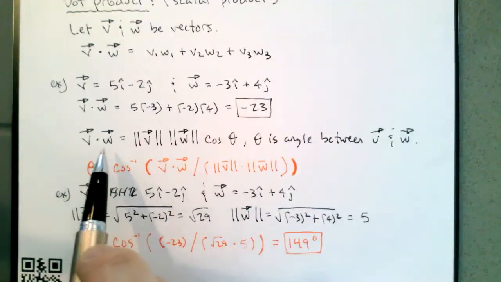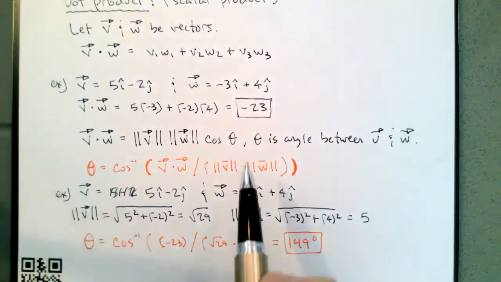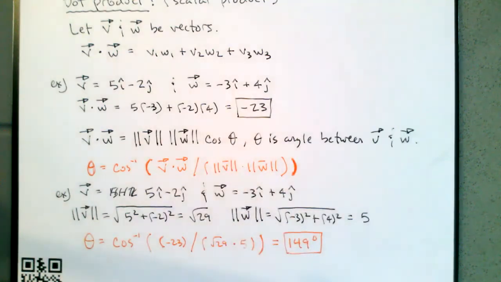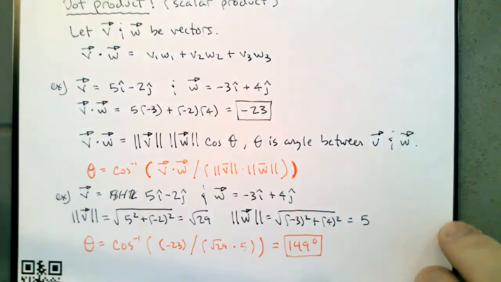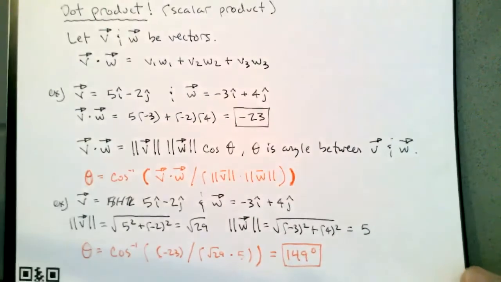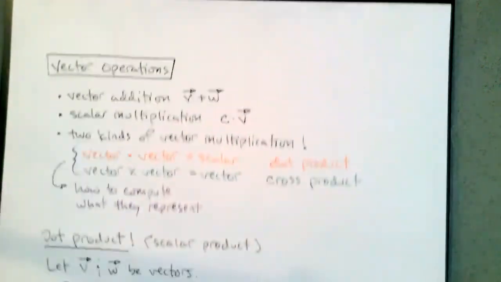And so if the dot product of two non-zero vectors is equal to 0, that means cosine of theta must have been the part that's equal to 0. And if cosine of theta is equal to 0, that means theta must be 90 degrees or pi over 2 radians. And that means that v and w are perpendicular.